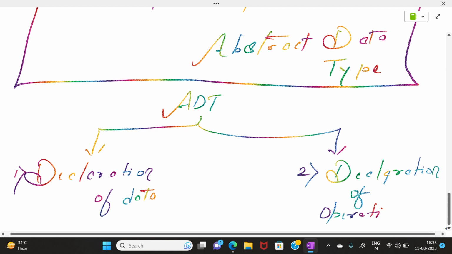Okay, so these are the two parts of ADT.